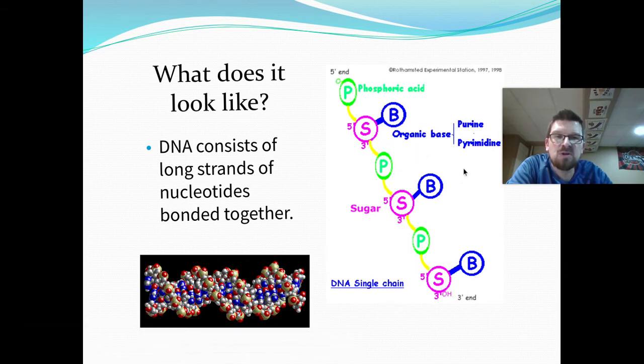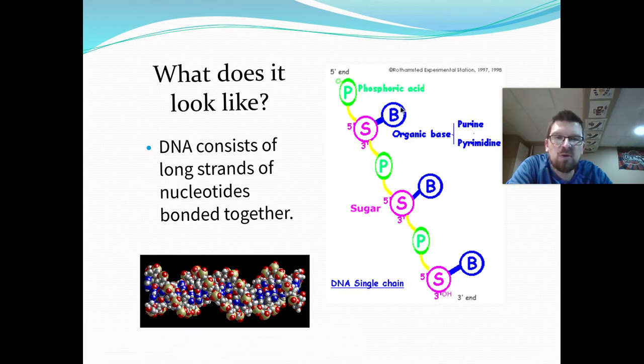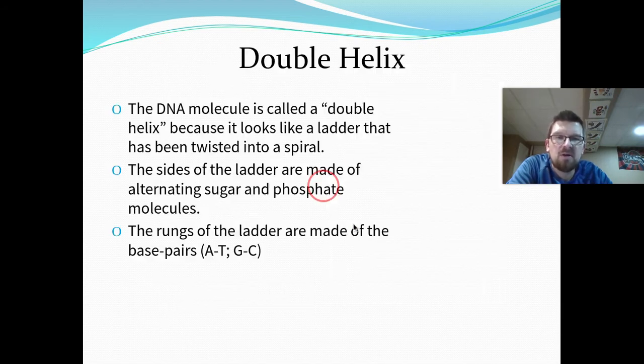DNA does have two strands connected in the middle that makes it look like a ladder, but in essence, DNA is just a repeat of these little phosphate sugar base parts on both sides. And this is called a nucleotide again. So remember, another way of conceptualizing DNA is long strands of nucleotides bonded together.